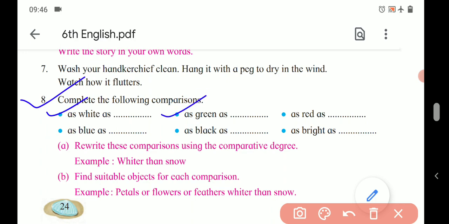Next, as green as. Green, what is green? Leaves, grass, emerald, one of the valuable stones, many things are there.